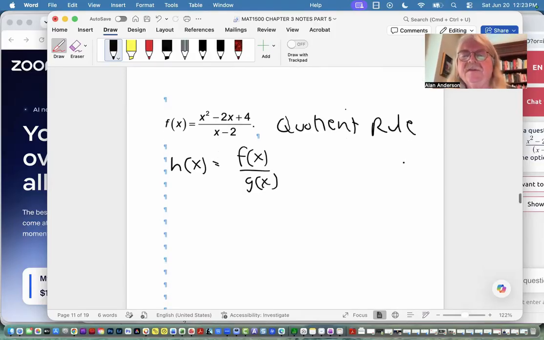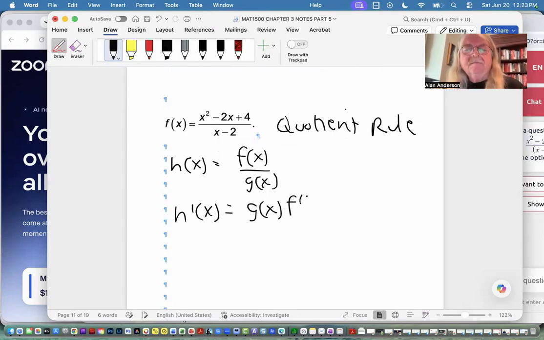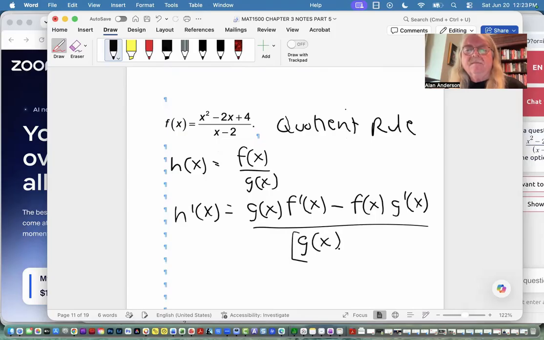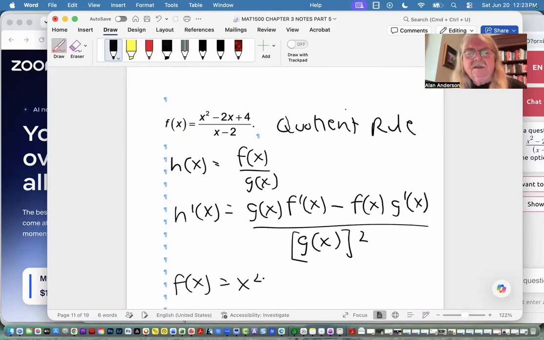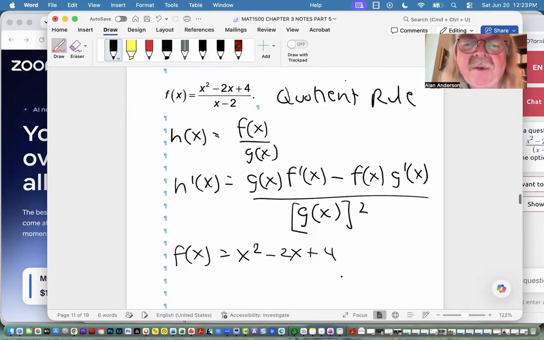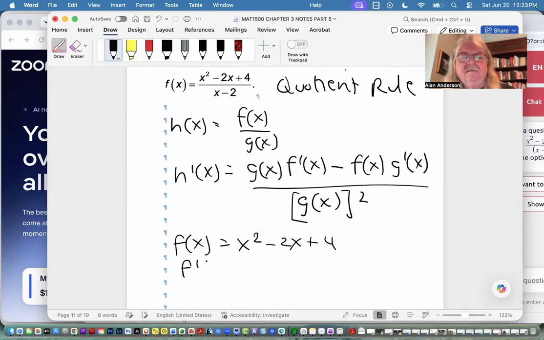If this is our setup, we have a ratio of two polynomials. In this case, f of x is the numerator, and therefore f prime of x is 2x minus 2.